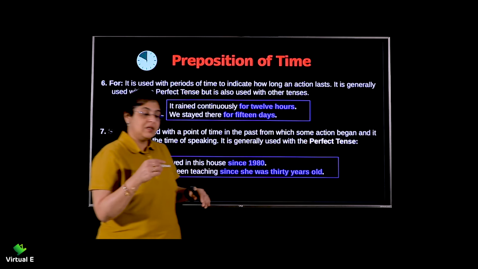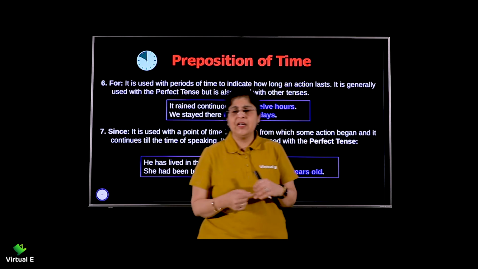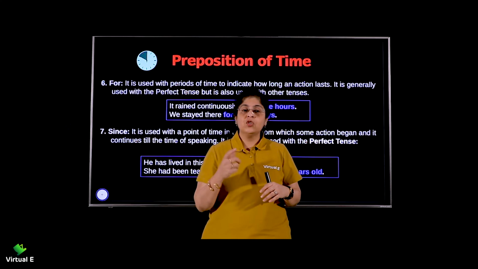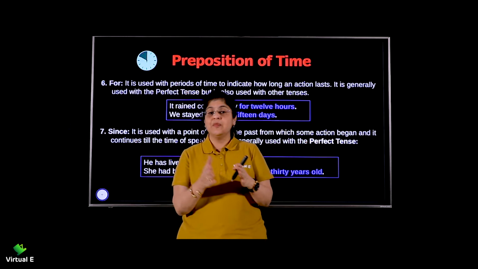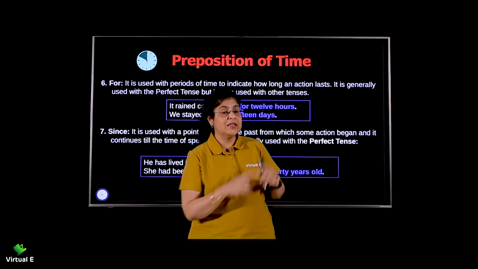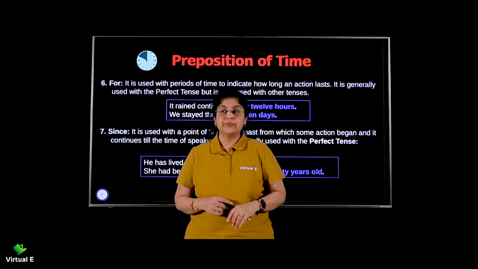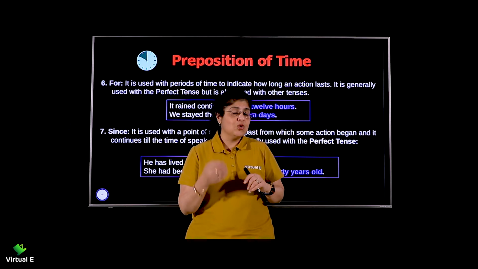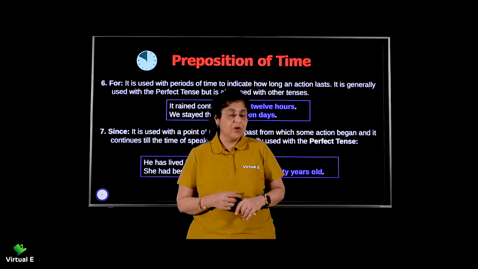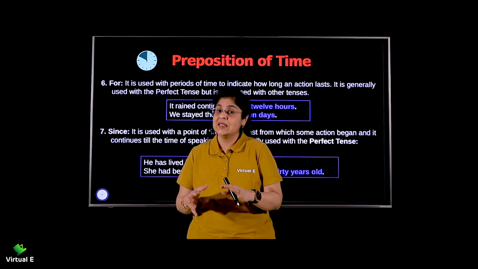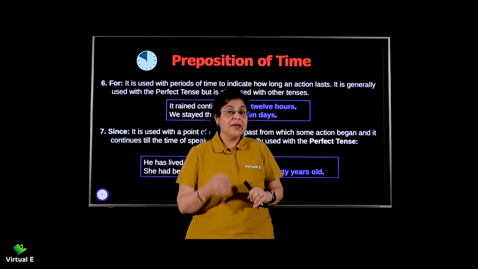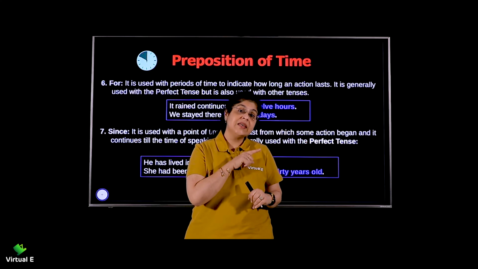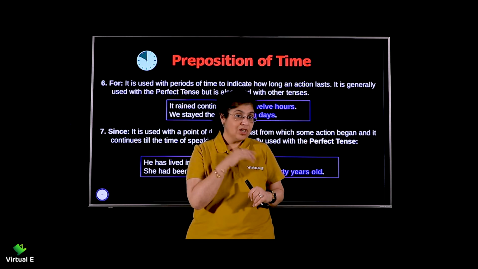I'll give you another example, which will make things way more clearer for you. Again I'm repeating, this example has been shared in the tenses module to make things more clearer. So if I am in the office and I ask you to come and meet me at 3 o'clock in the afternoon, all right, you'll end up coming at 5 o'clock. Now I tell you that I have been waiting for you since 3 o'clock. 3 o'clock was the starting point.